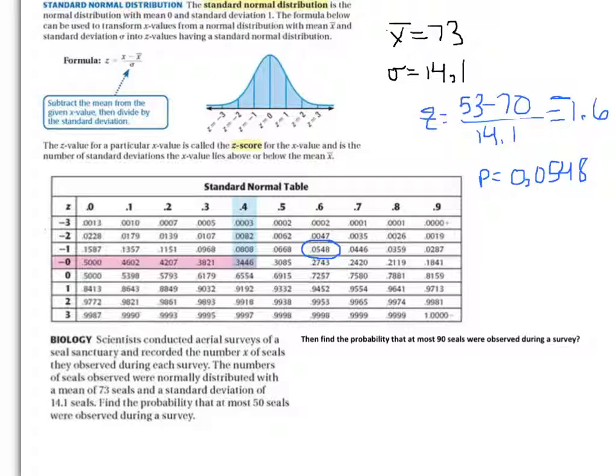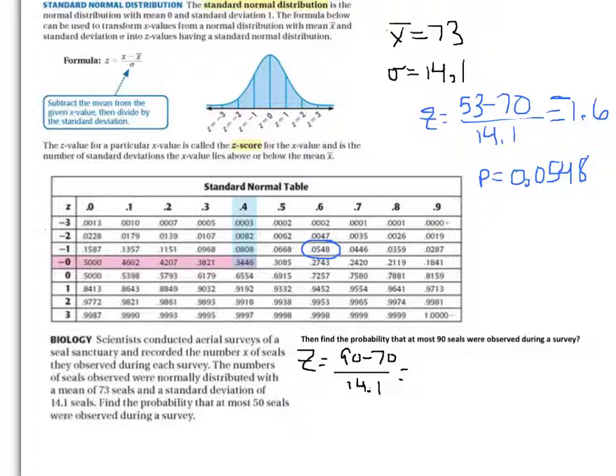So you guys press pause, try to find the answer to this question here. So hopefully you pressed pause. So we go z equals 90 minus 73 over 14.1.